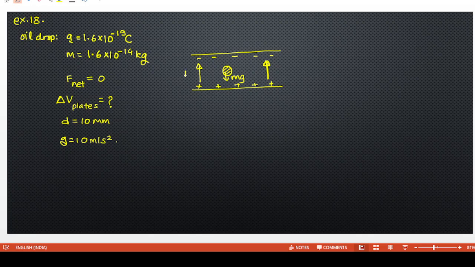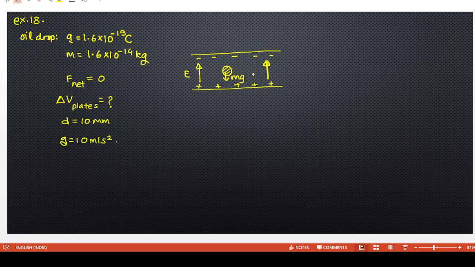So in this electric field you have placed a positive charge, and we know that positive charge experiences force in the direction of electric field and negative charge experiences force opposite to the electric field.